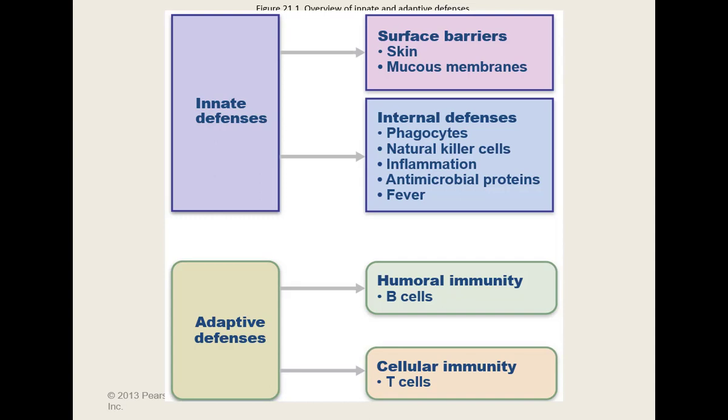And there are two branches of the adaptive immune system. As I talk about it, I recommend writing it down. As I talk about it, I'm going to add to it. So our adaptive immune system has two branches to it.